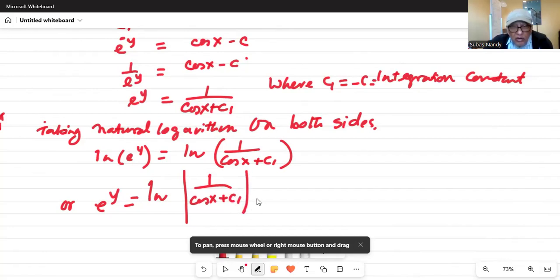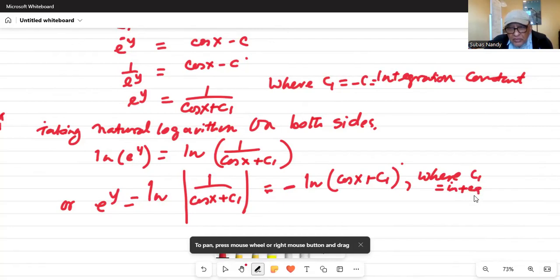Or this is equal to minus, because ln of 1 over cosine x plus c1 is the same as negative ln of cosine x plus c1, where c1 is, as mentioned before, an integration constant.